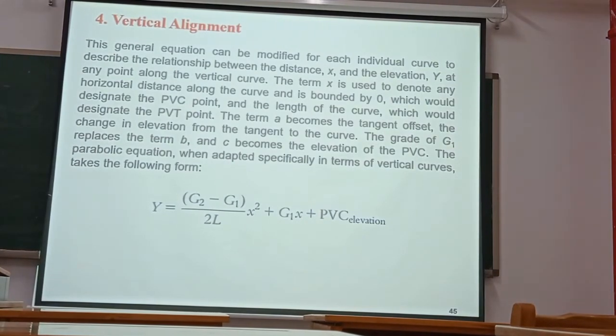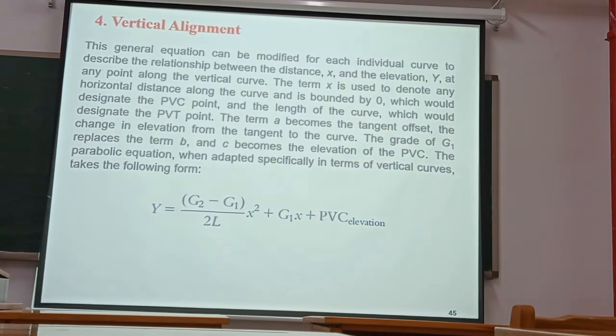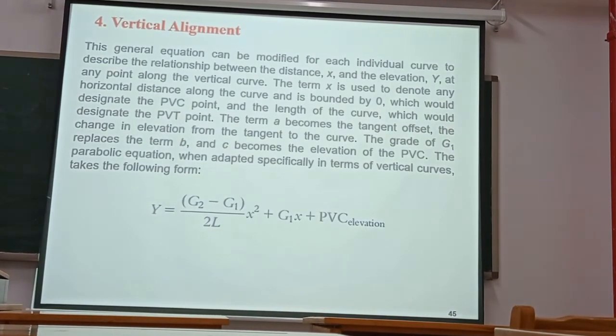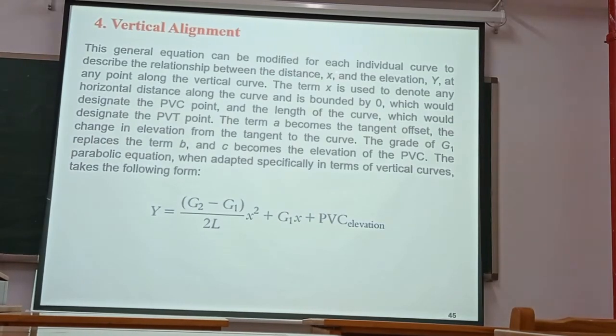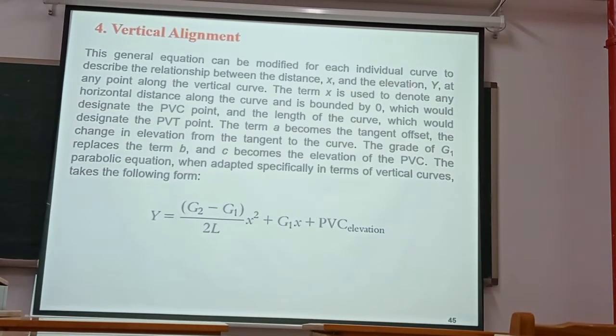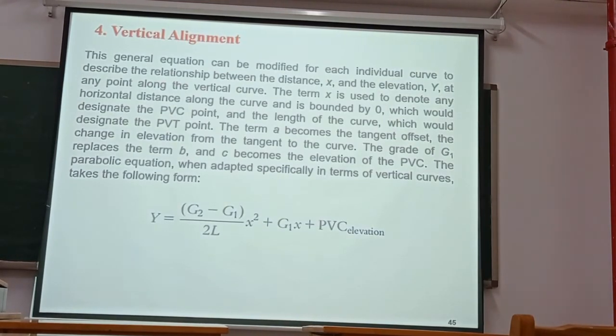So we know that this general equation can be modified for each individual curve to describe the relationship between the distance x and the elevation y at any point along the vertical curve.